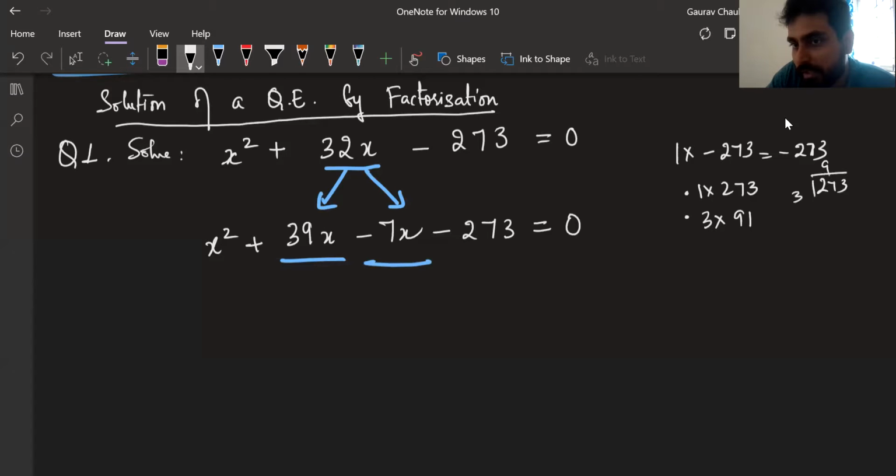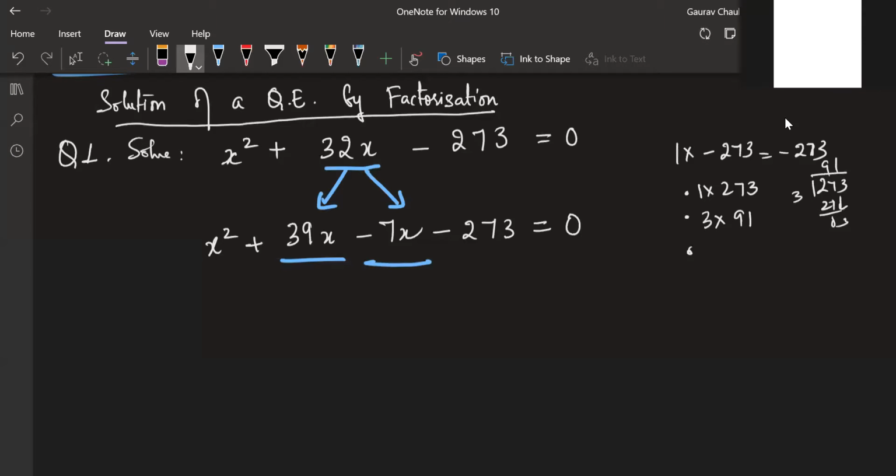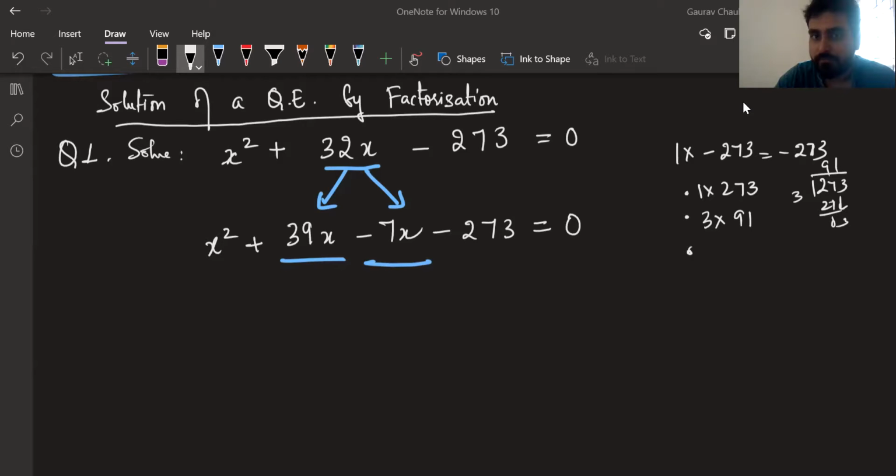Divide by 3 will give you 91. 3 into 91. What else will you get, MG?